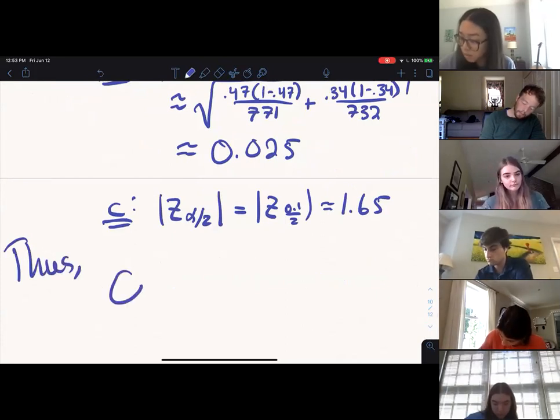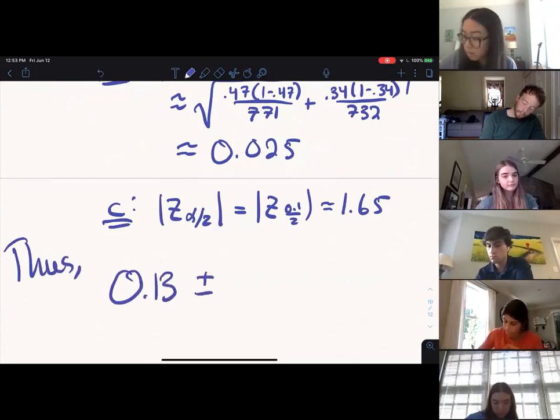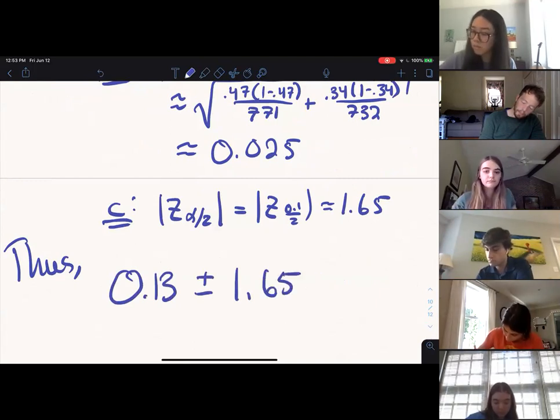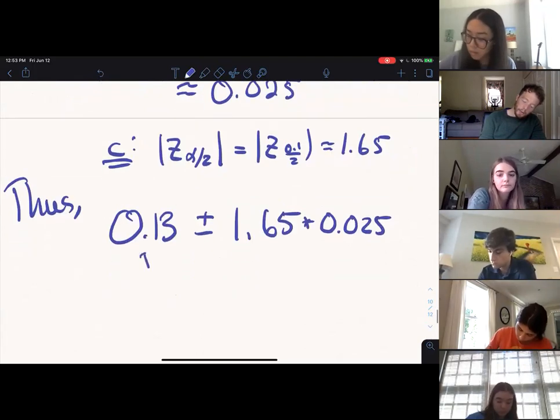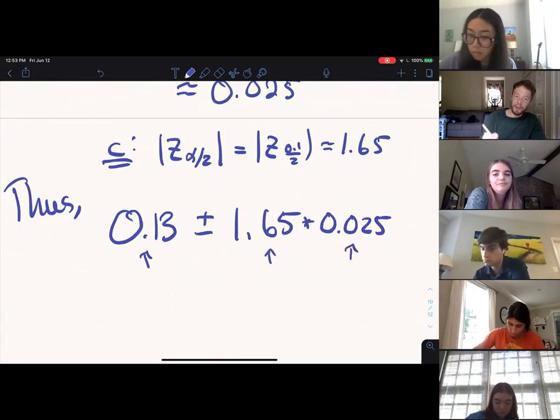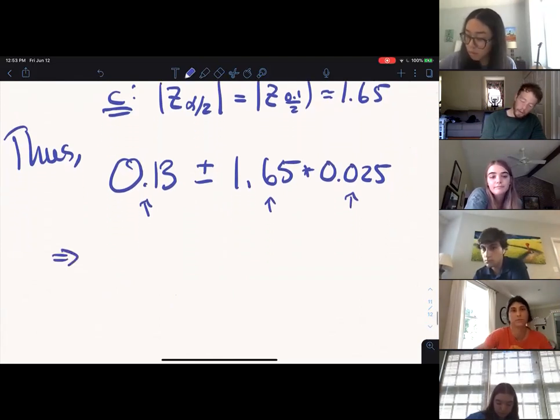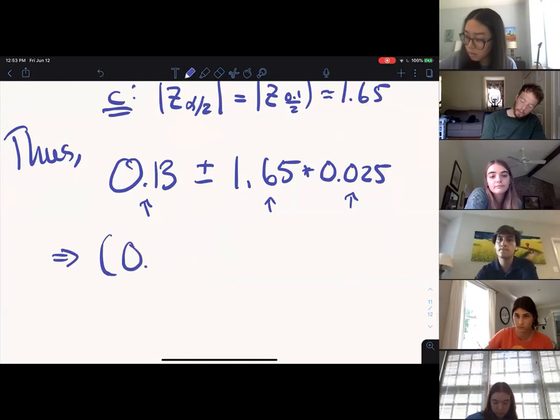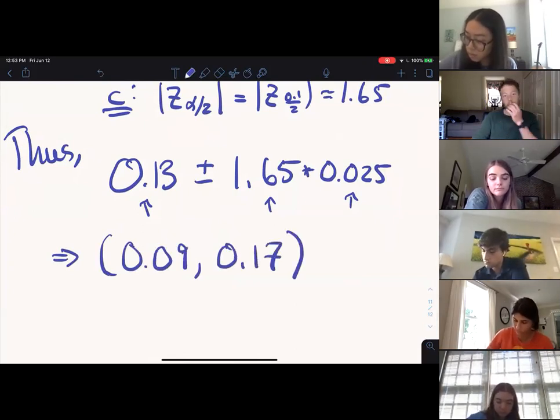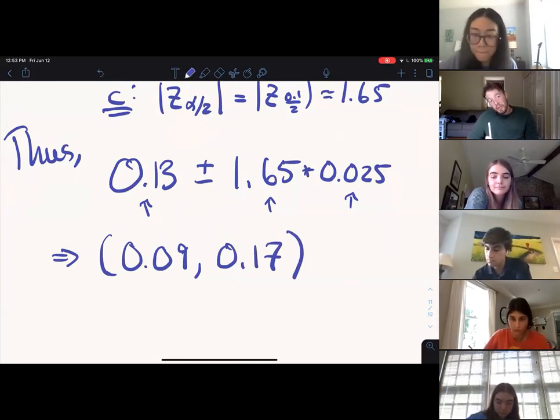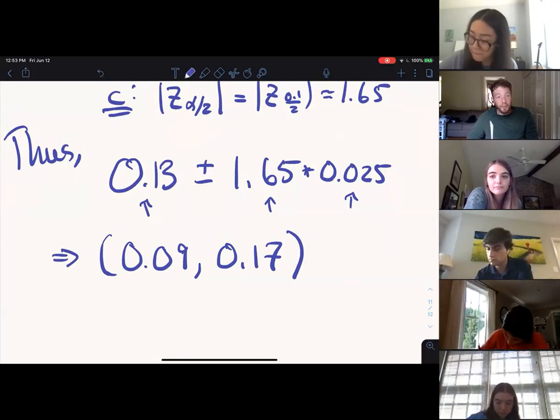Thus, this is our point estimate plus or minus our critical value times our standard error. And we will get a confidence interval of, right? So we are 95% confident that the true difference in the population proportions is in this interval.